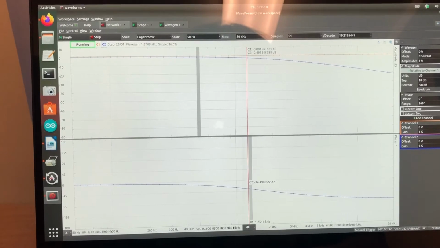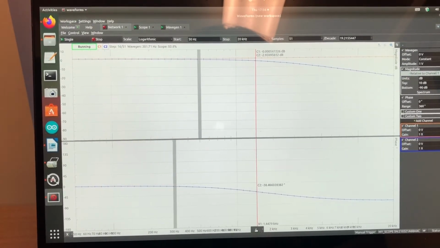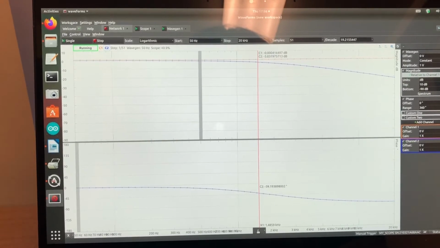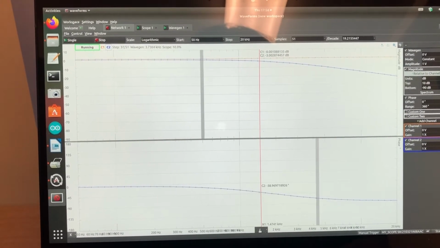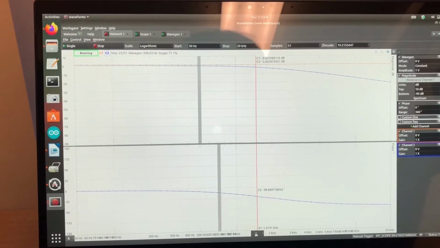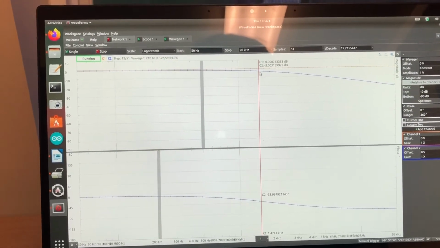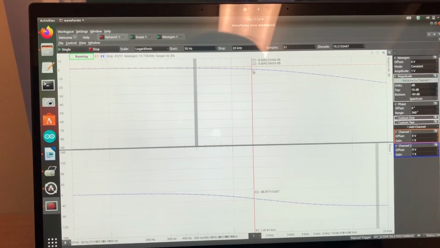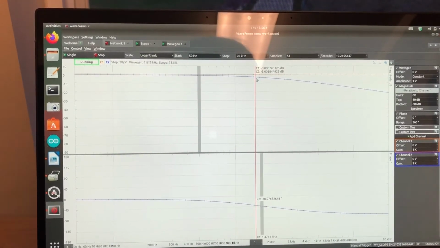So if I wanted to find the negative 3 dB point, it would be right around here at 1.4741 kilohertz. So at this very point, it's half the power of the input signal.